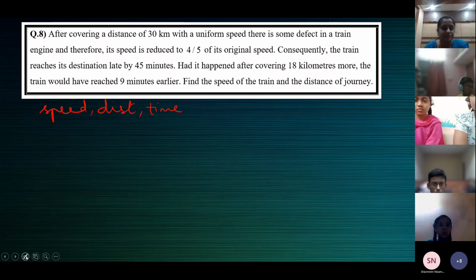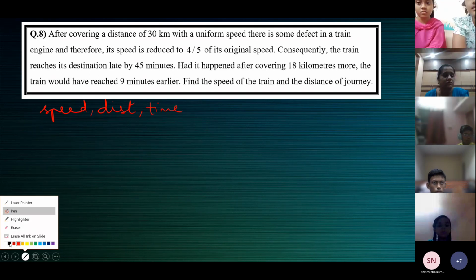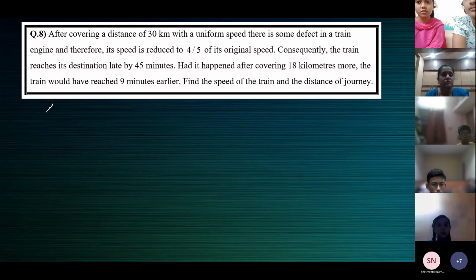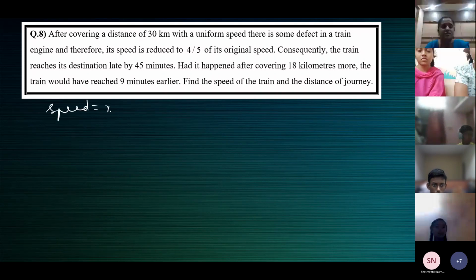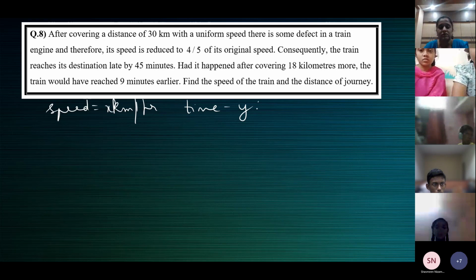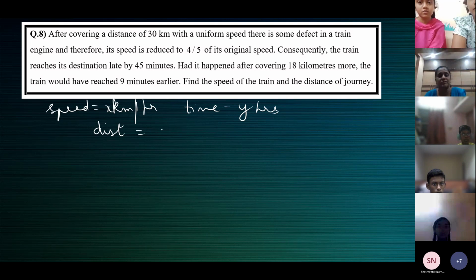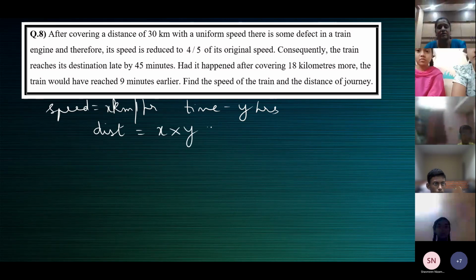What is y? Speed is x and time is y, ma'am. Let's take the speed as x kilometers per hour and time as y hours. What's the distance then? x into y, ma'am. Speed x into time y. x y hours.